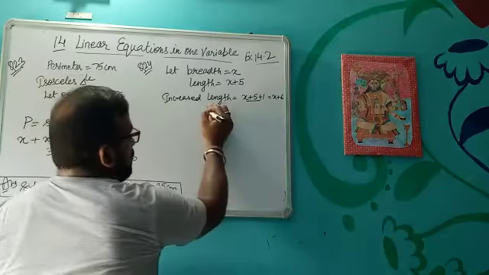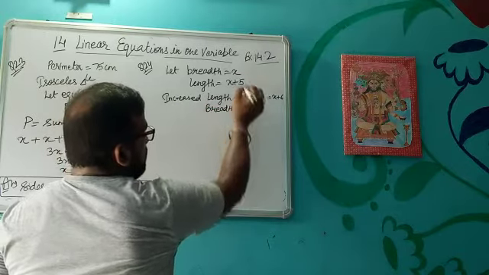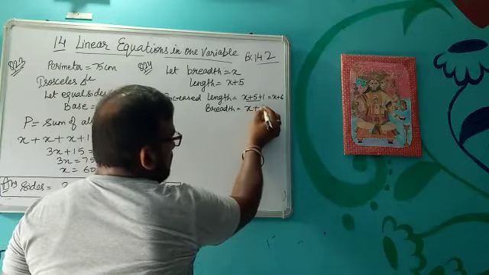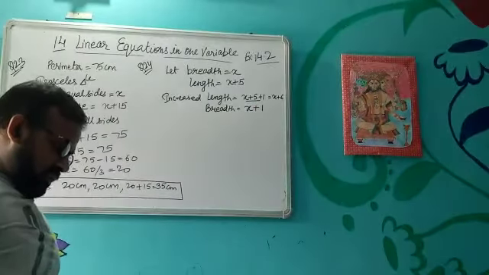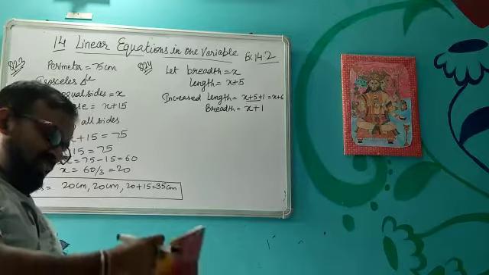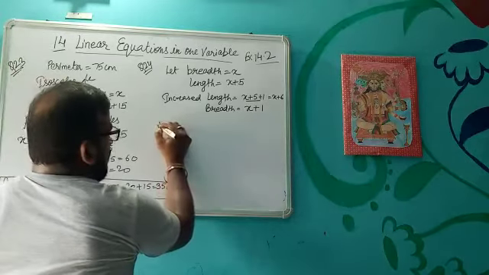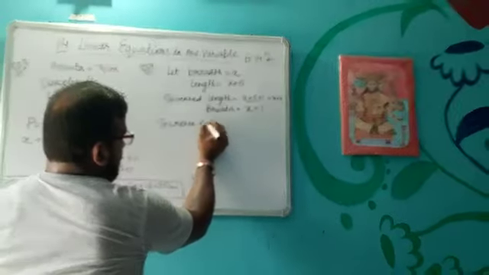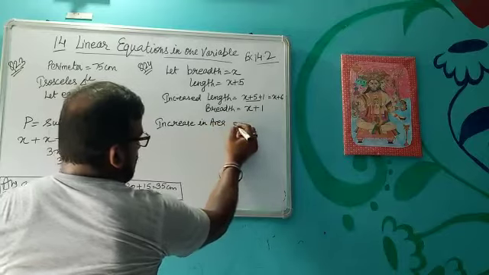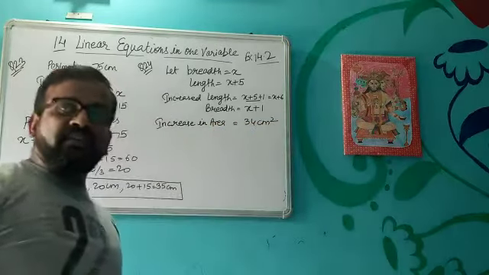And what is the increased breadth? Increased breadth will be previously x, now it is increased by 1, so x plus 1. So the area increases by 34 centimeter square. So increase in area is equals to 34 centimeter square. This much area has been increased.